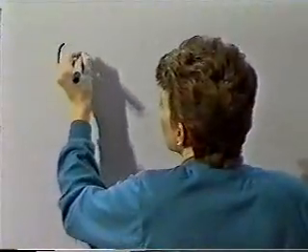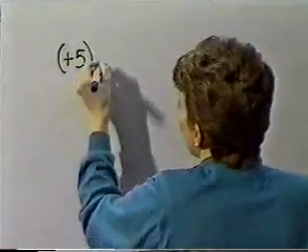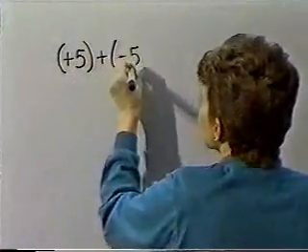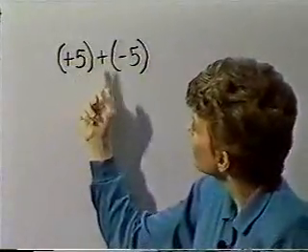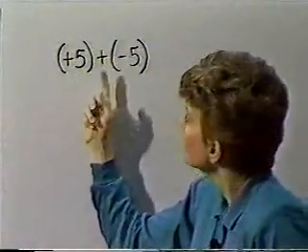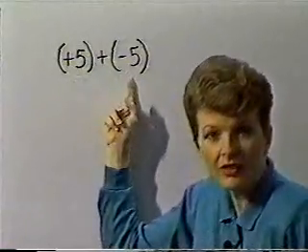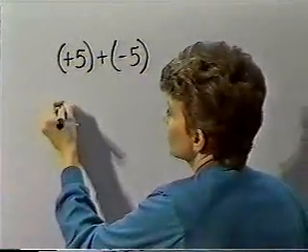What about positive 5 plus negative 5? You're adding two numbers again with unlike signs.